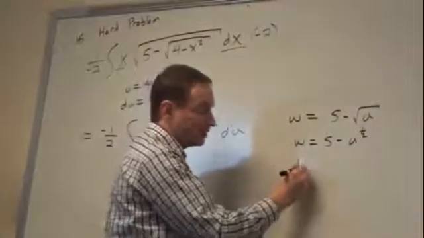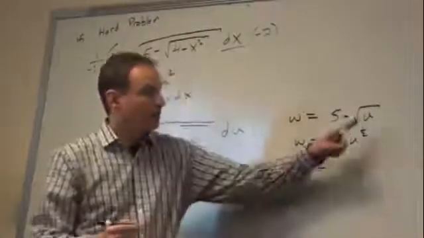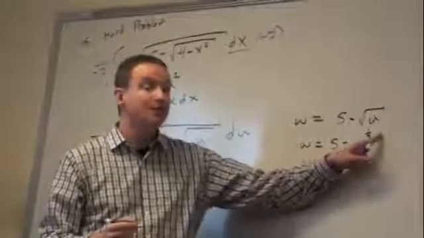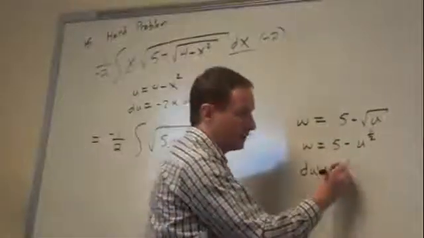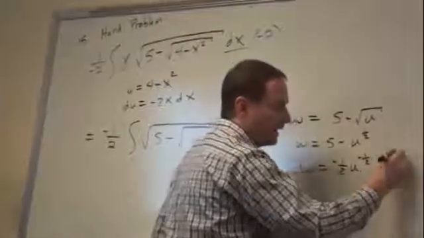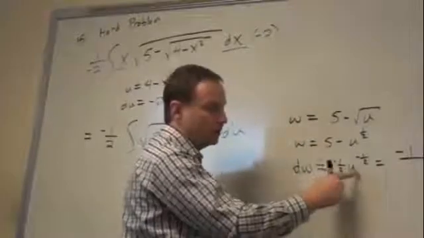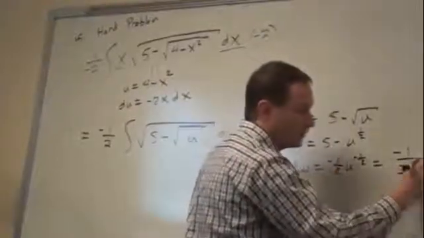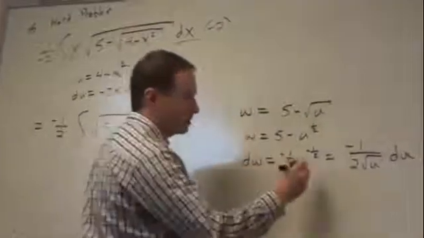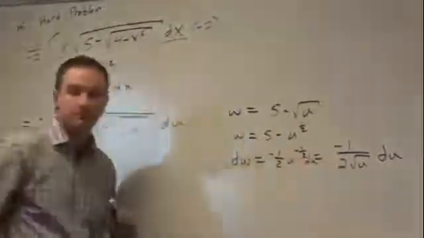So dw would equal, the 1/2 comes down in front, negative 1/2 u to the negative 1/2, which means it's going to be negative 1 over 2 on the square root of u du. And I should have put that right here too, du.